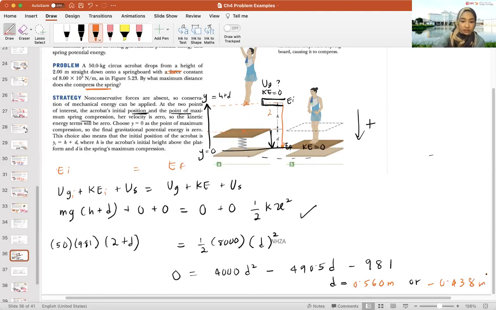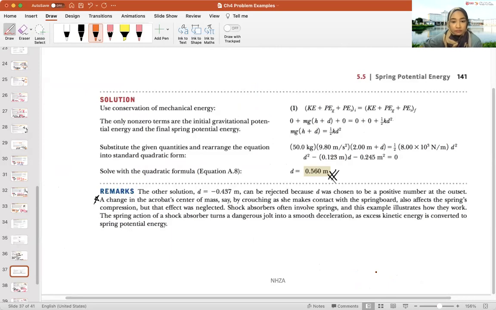Okay, so the answer is you take positive one. Ada orang tanya ke? Okay, so remarks. Kat sini dalam textbook ada orang remarks. So I like to read the remarks as well. Ada orang struggling ke?